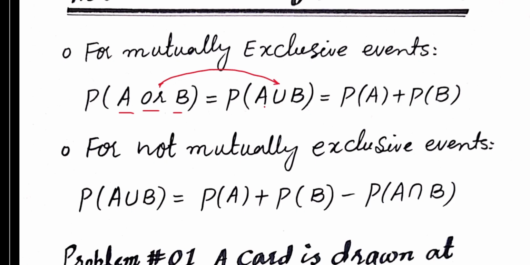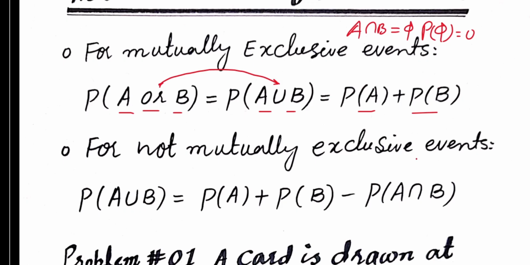So A or B means A union B. If two events are mutually exclusive events, then probability of A union B is probability of A plus probability of B. Because they are mutually exclusive events, they cannot occur together. It means their intersection will be empty set. And in case of empty set, the probability of empty set is always 0. So that's why this formula is equal to probability of A plus probability of B.